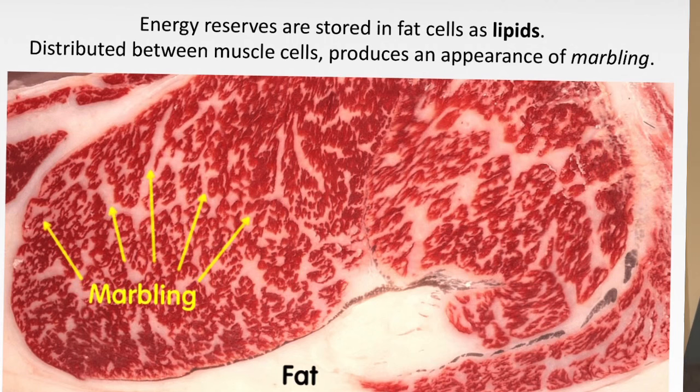Meat also has a lot of fat, lipids, and we are specifically talking here about fat, which means that it's going to be what at room temperature, generally speaking? Fat is what at room temperature? Solid, correct. So we're talking about solid at room temperature, meaning that it's likely a saturated fat.